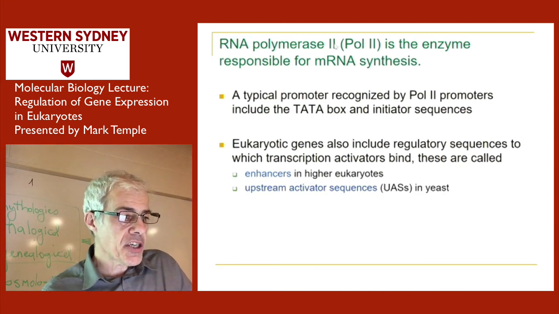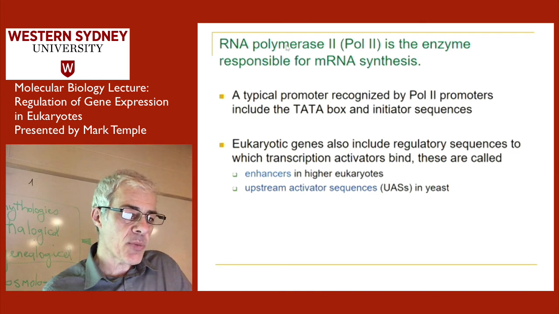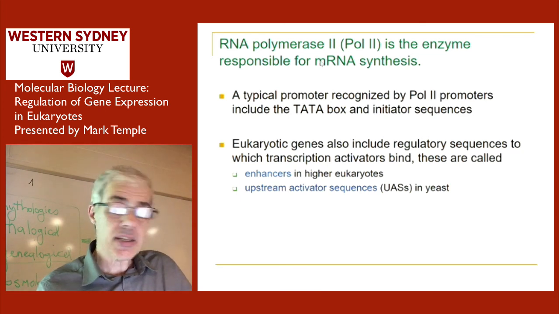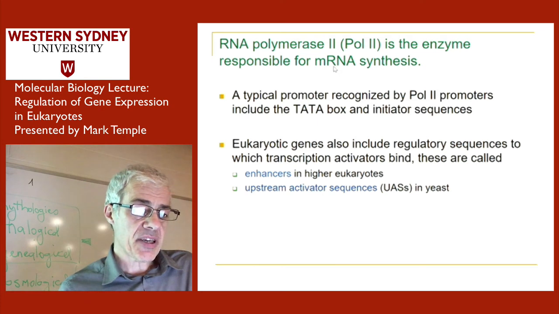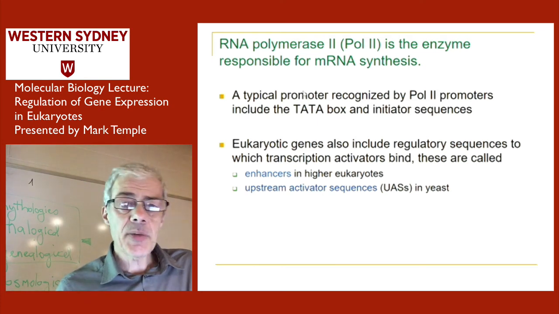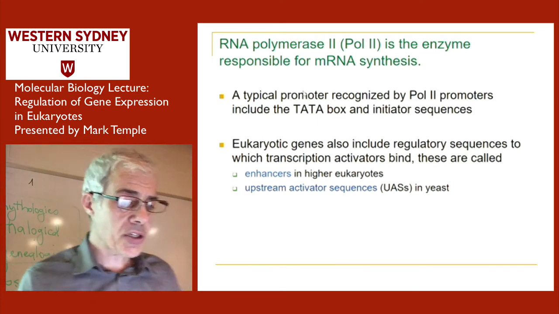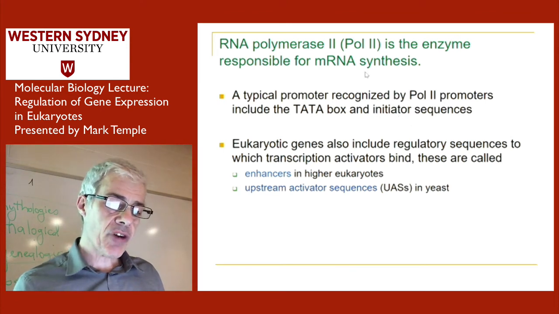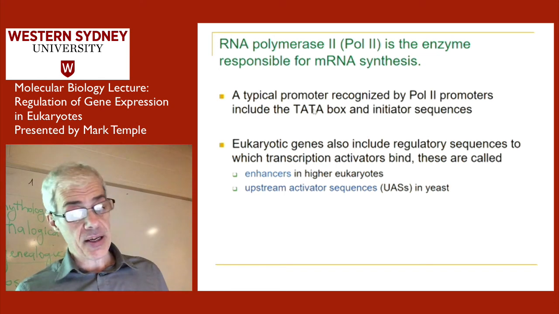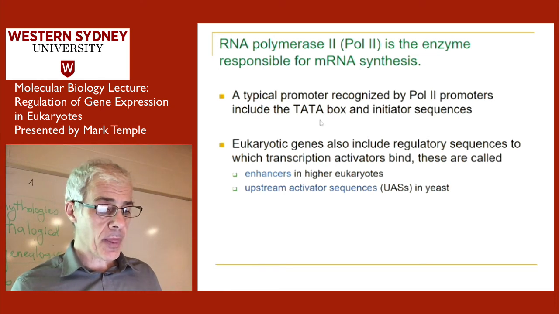So just refreshing on RNA polymerase II, which is the polymerase that is transcribing these messenger RNAs. Typically, these promoters have a TATA box and initiator sequences which are recognized by these parts of the basal transcription machinery.